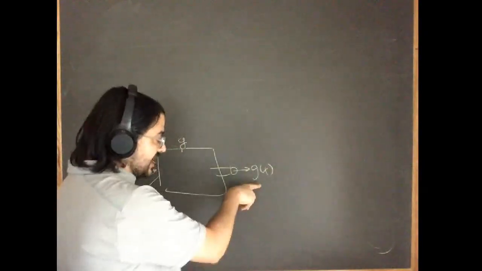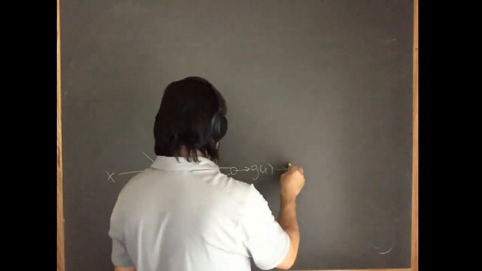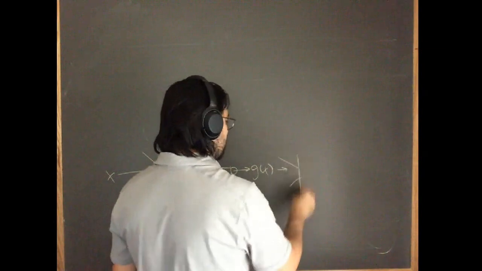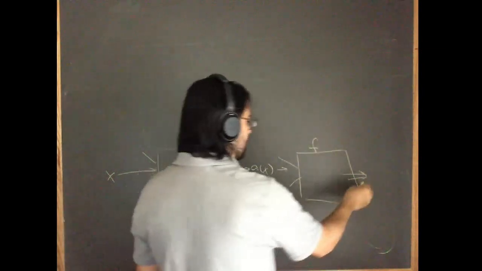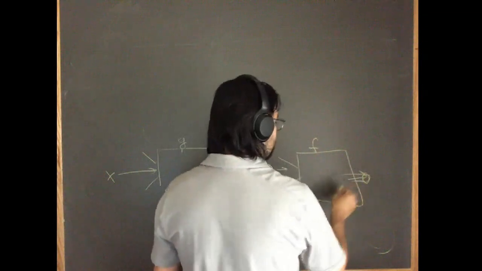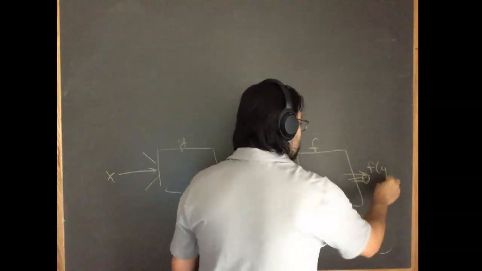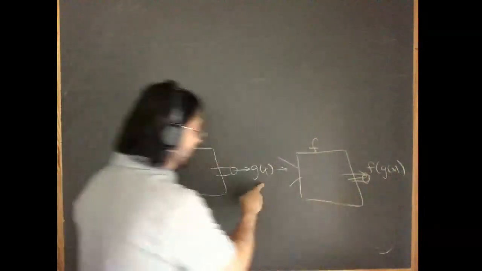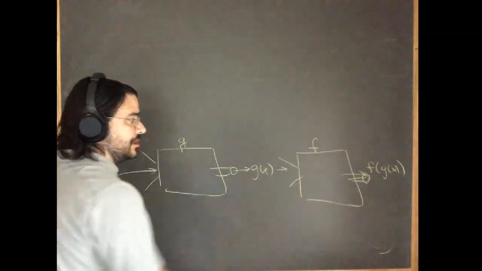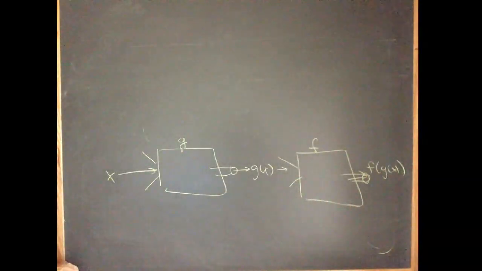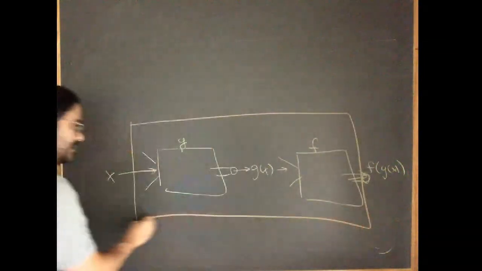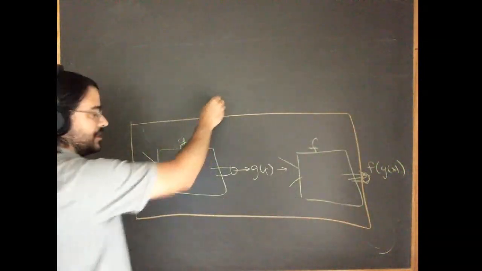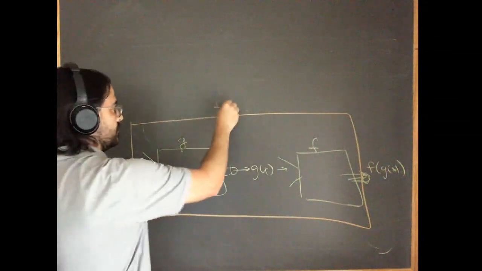Then you take this g of x and plug it into the function f. What you get out now is not f of x, but f of g of x, because you didn't plug x into f, you plugged in g of x. This whole bigger function is what we call the composition of f and g.